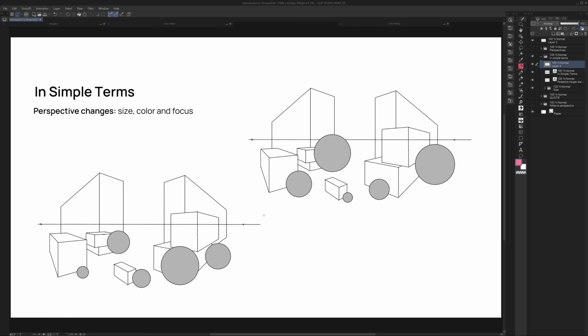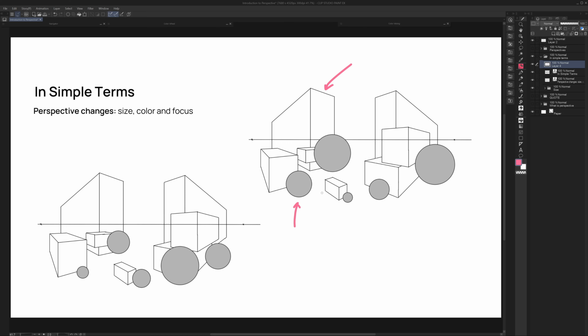When you're looking at this image, you can see that we have different objects. We have cubes and circles, spheres, whatever. Probably they are spheres, but I don't have the three-dimensional lines there, so they look like circles. But you can see the relationship between these objects.